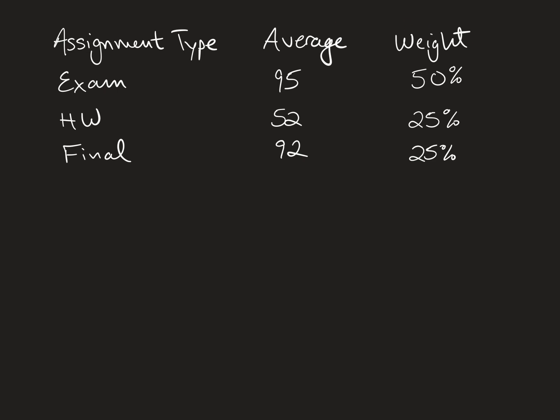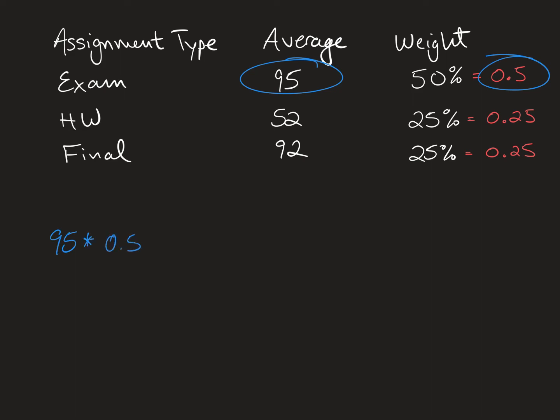So let's change these percents to decimals, because we need to work with these weights as we compute the weighted average. You can compute a weighted average simply by multiplying the average times the weight of the same category. So we can say 95 times 0.5.